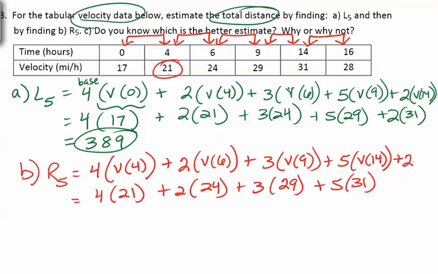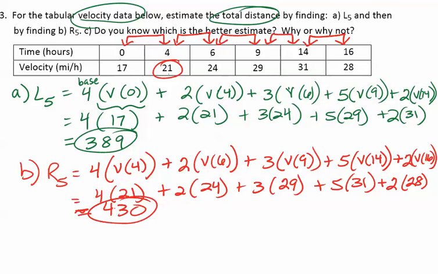So our delta x's stay the same, but this time we're measuring the velocities on the right-hand edge of the rectangle. So this would be a 28. And then you can pause here if you haven't done this already. And with the calculator, I come up with 430. All right, so do we know which of these is actually the better answer?